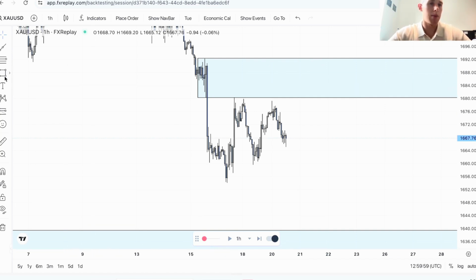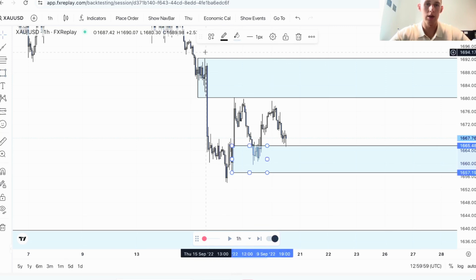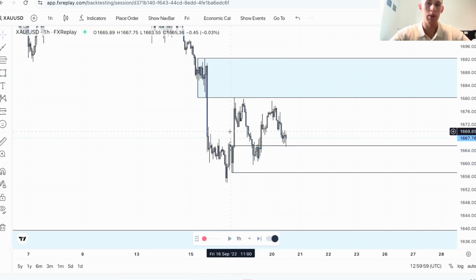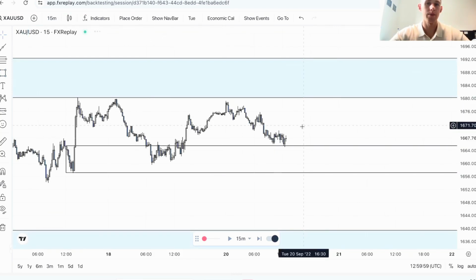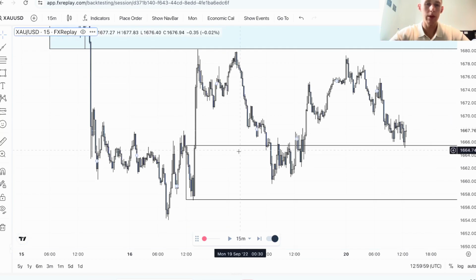I'm going to try and get some buys up to it actually. So what I'm seeing here is that we've had sort of a break of that structure to the left. We refine this a little bit.